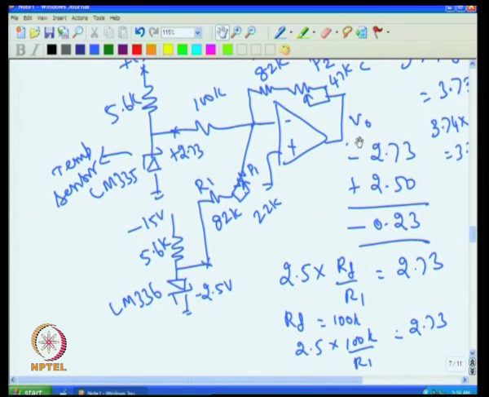So, we will say that my temperature measurement can be accurate only to plus or minus 0.75 degree, if I consider the drift due to this Zener alone. We assume there is no other drift in this case. Even with this alone, it can have an uncertainty of 0.75 degree in this instrument.